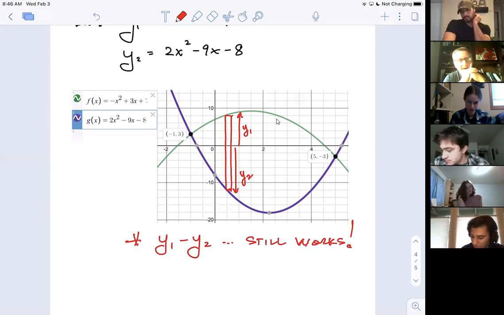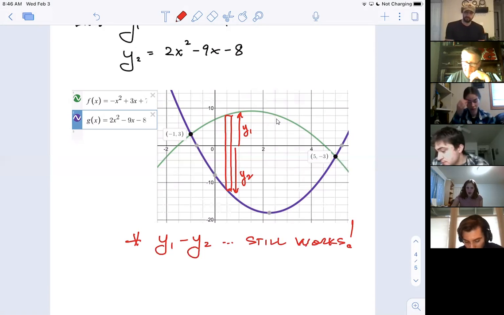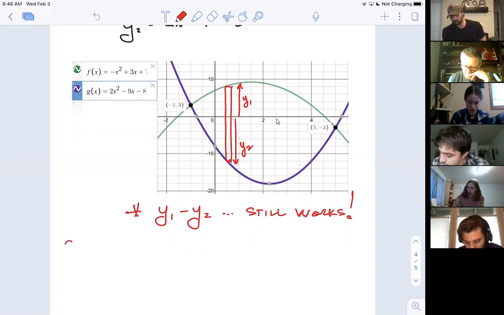So y1 minus a negative y2 actually becomes y1 plus y2, nothing is new. The fact that it's under the x-axis doesn't make any difference. You can ignore it. I mean, that's amazing. Yeah. See, I don't know if I had graphed it, that might have made sense, but I was looking at it and I don't know. I think I did it backwards.